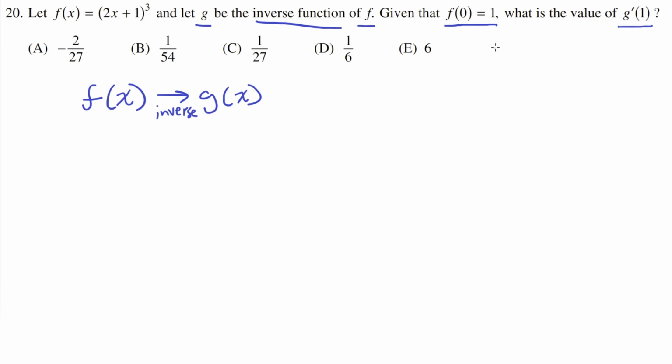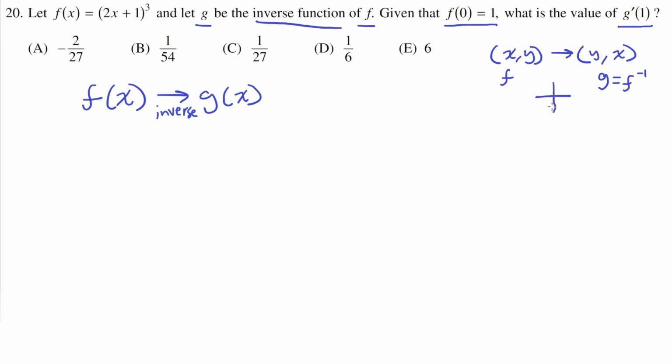And what inverses mean is that the xy coordinates have been reversed. If we have some function f with coordinates x, y, then the coordinates of its inverse, say g, which is equal to the inverse of f, are the coordinates of f, but reversed.